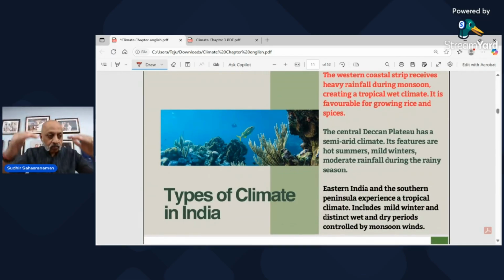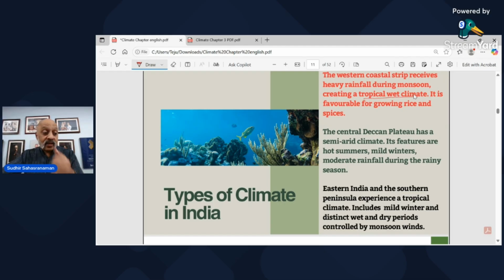Then as we come down and down, now we have the sea on three sides: the Arabian Sea, the Indian Ocean, and the Bay of Bengal. The western coastal strip, that is Kerala, Karnataka, Goa, Maharashtra, Gujarat, receives very heavy rainfall during the monsoon, creating a tropical wet climate.